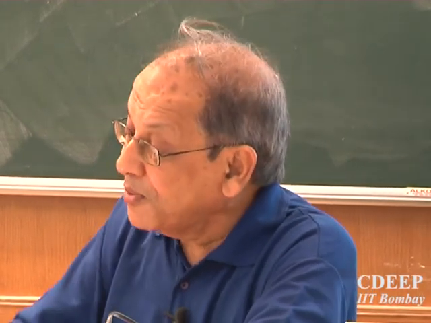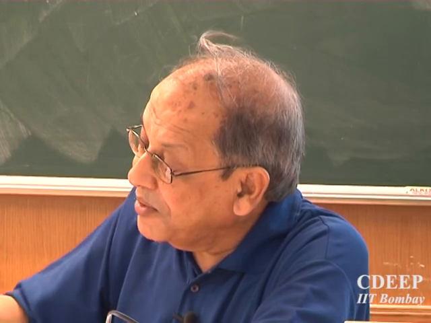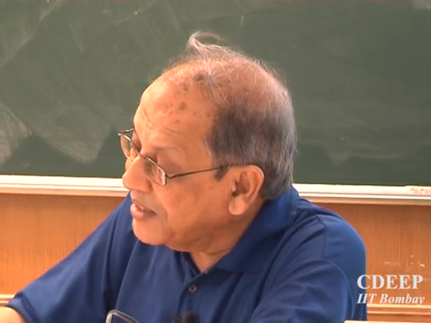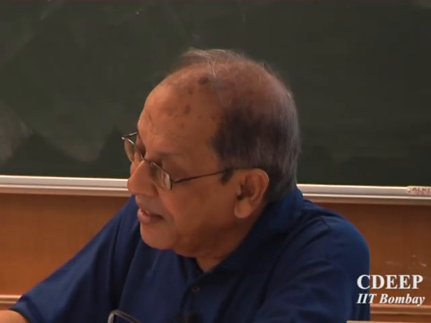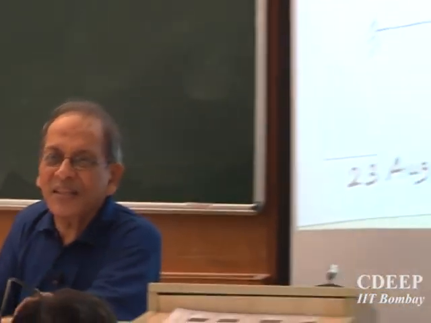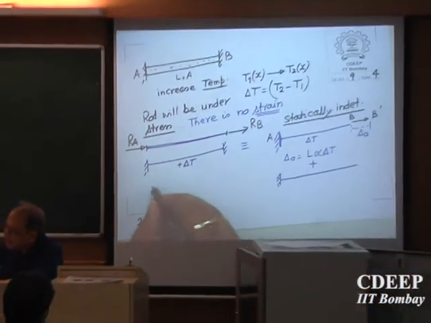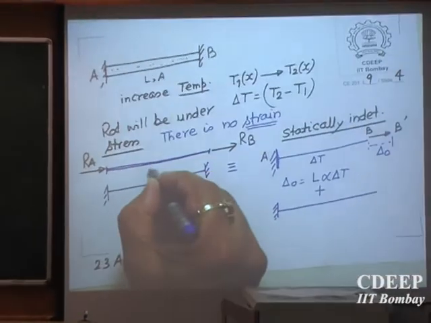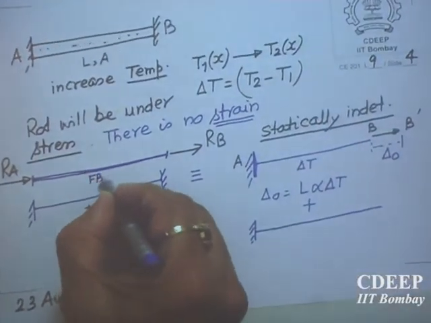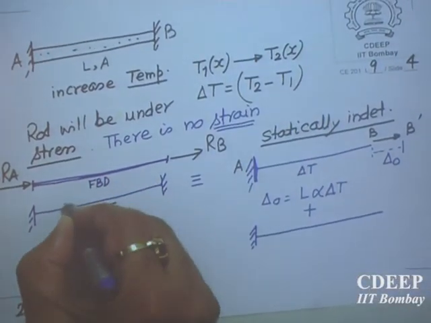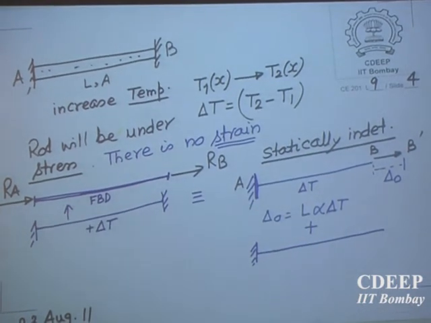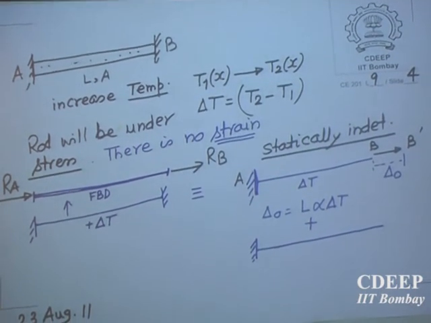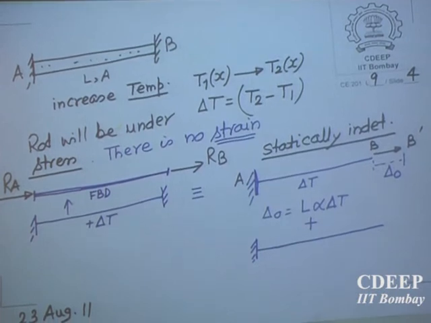So plus what? Plus this problem. My original problem is that there is a temperature rise. So this is the free body diagram. The top one shows the free body diagram of this problem. Free body diagram of this one, yes, there will be a support.